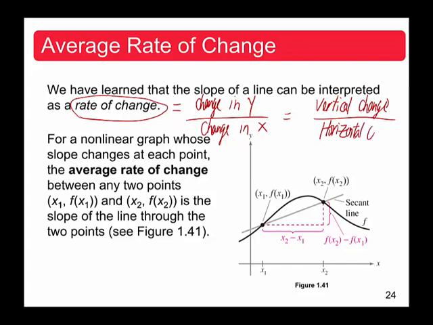For a nonlinear graph, for every change from x1, f of x1 to x2 and f of x2, we could just use changing y, which is the vertical change right here, over the horizontal change. Vertical change is expressed as f of x2 minus f of x1. Horizontal change will be x2 minus x1.